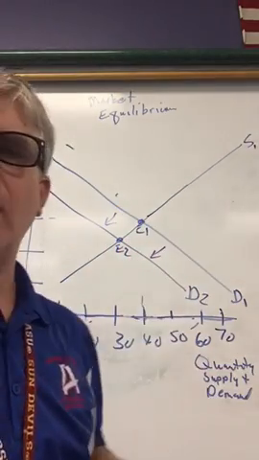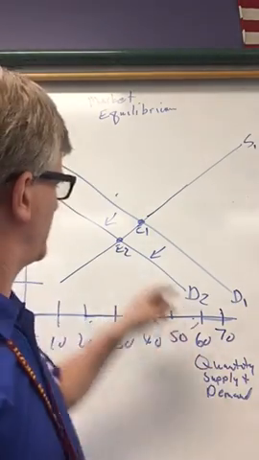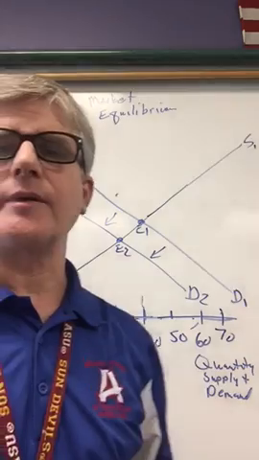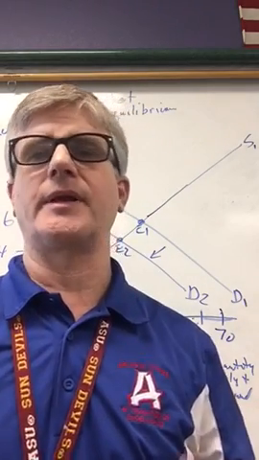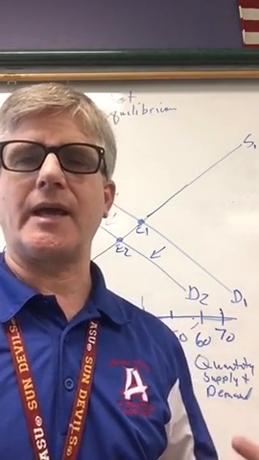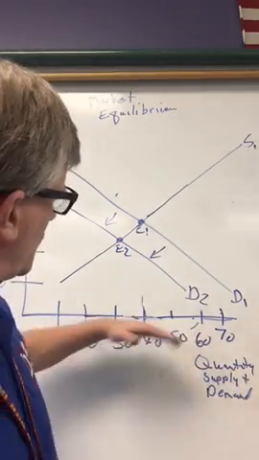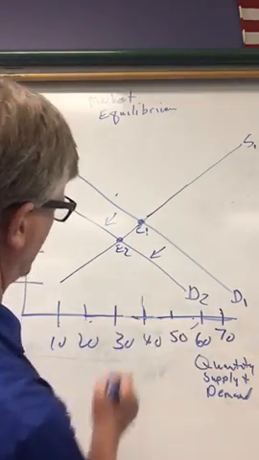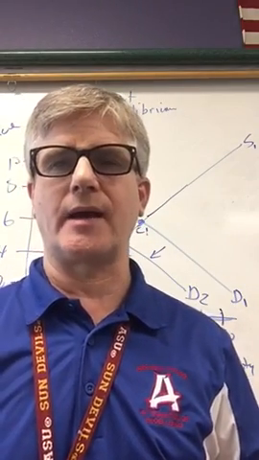We start at E1, then we have a decrease in demand, and it shifts to the left, and then we go from E1 to E2. Now, a decrease in demand could be a decrease in income, decrease in population, decrease in tastes and preferences, any of those other determinants. And basically, what happened to price? Notice price went down, and quantity went from 40 down to 30. So quantity demanded and supplied went down, and price went down.